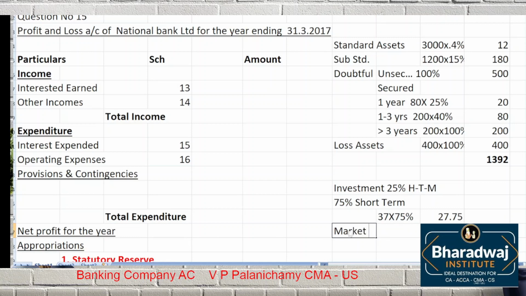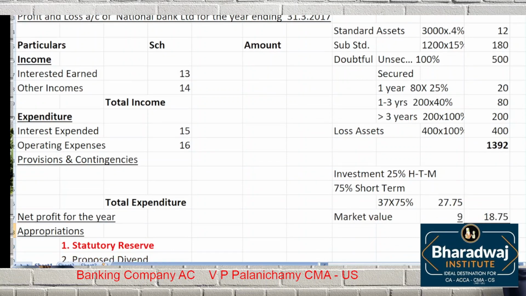What is the market value? So reduction in the value of investment. Once again, repeat, 25% is long term, held to maturity, 75% is short term, market value is 9.